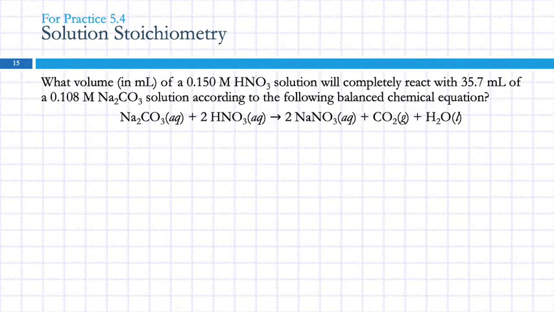So here is a solution stoichiometry problem. What volume in milliliters of a 0.105 molar nitric acid solution will completely react with 35.7 milliliters of a 0.108 molar sodium carbonate solution according to the following balanced chemical equation? So the first thing is we read the whole question, and then we look for numbers.